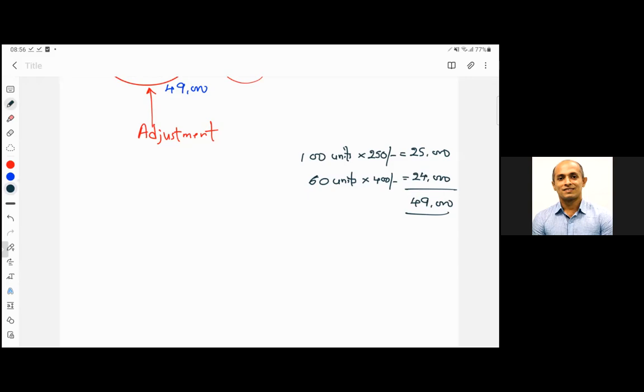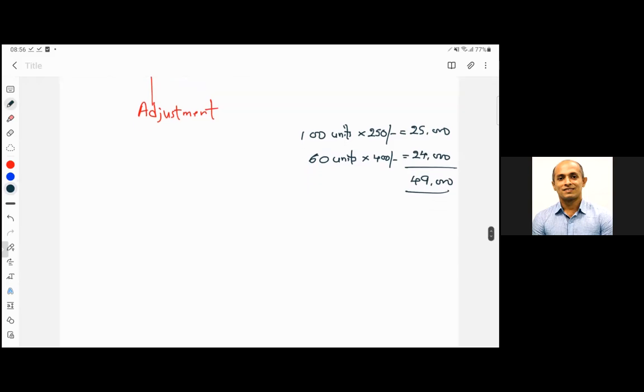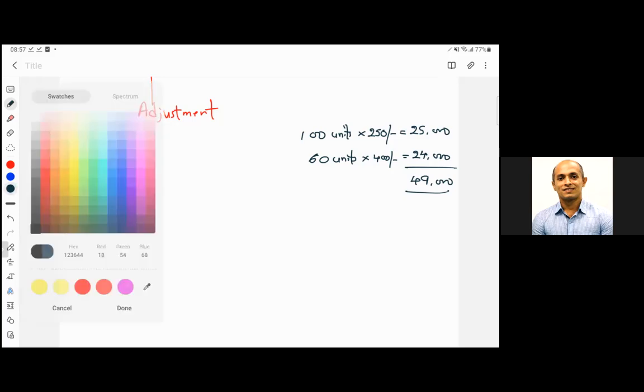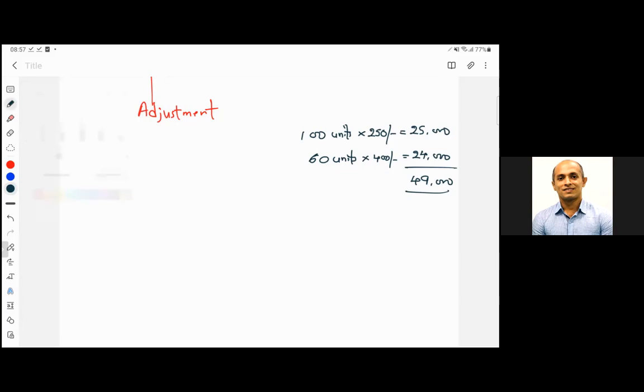Now if you can access internal records, you can find this analysis. If you are an internal analyst, you have access to the company's accounting system, and you can see the inventory costing, how the company has done the costing.